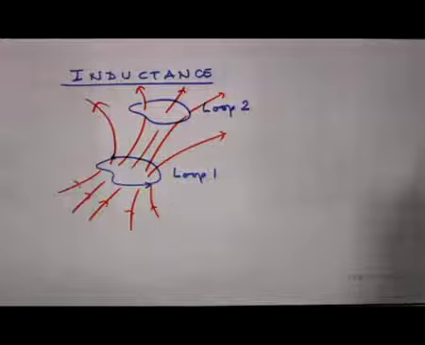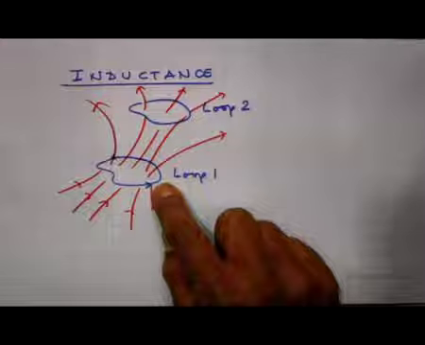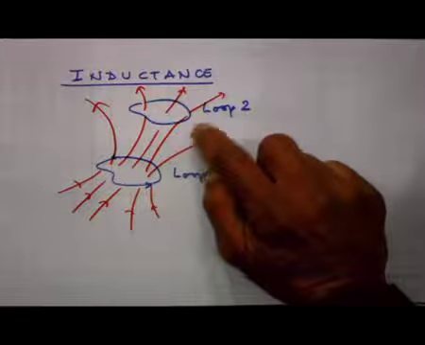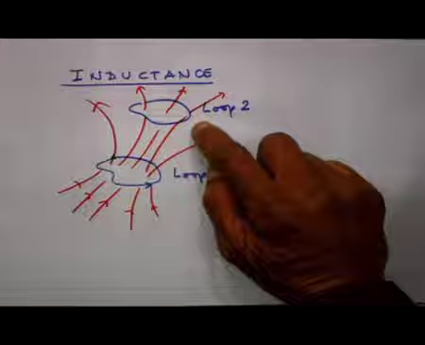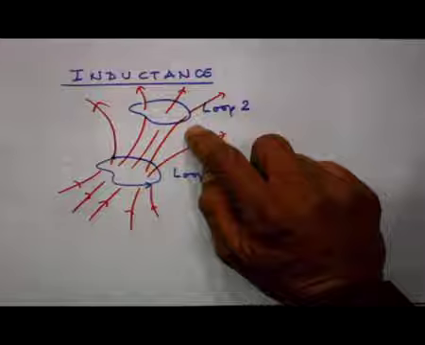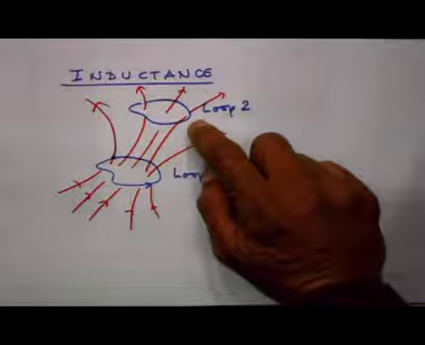When I pass a current through loop 1, I will generate a magnetic field because of this current. There is a loop placed close to loop 1, which I call loop 2. So, part of the magnetic flux will pass through loop 2, and so loop 2 will enclose a certain flux.